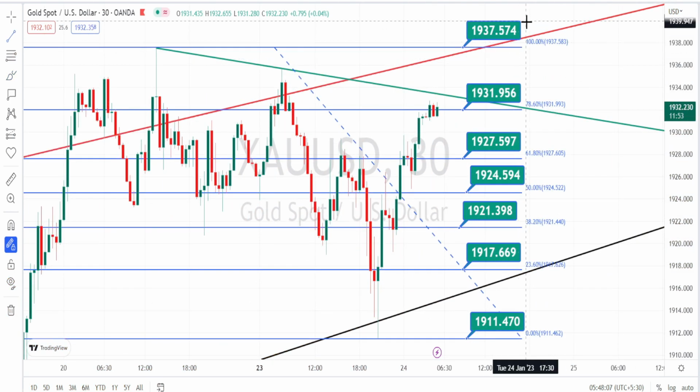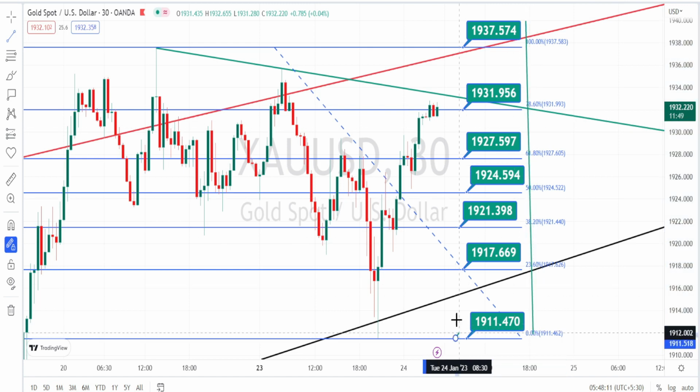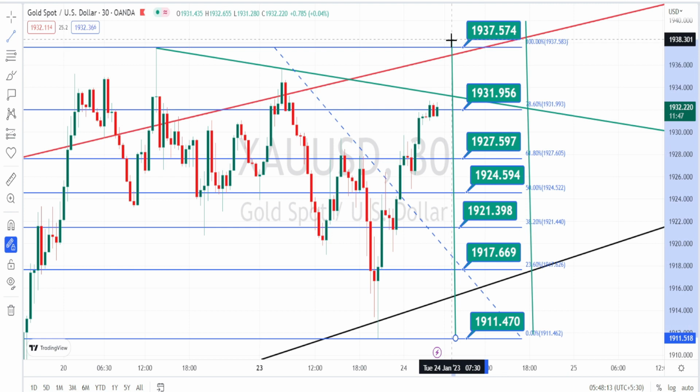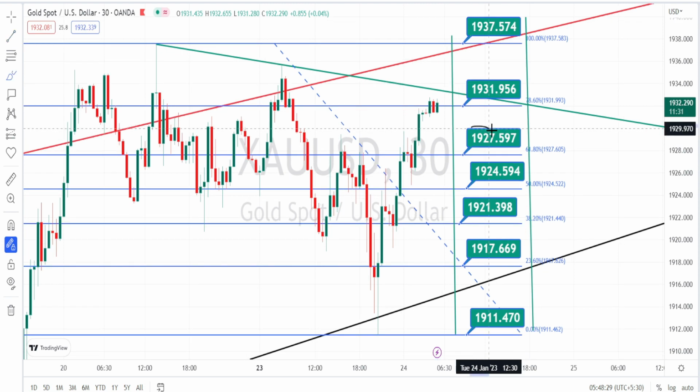So the values within these green color boxes are the resistance and support levels for current price action in 30 minutes time frame. Currently the price action is trading between the resistance level of 1931 and support level of 1927. Once the price action breaks this resistance level of 1931, the next level of resistance is going to be around 1937.